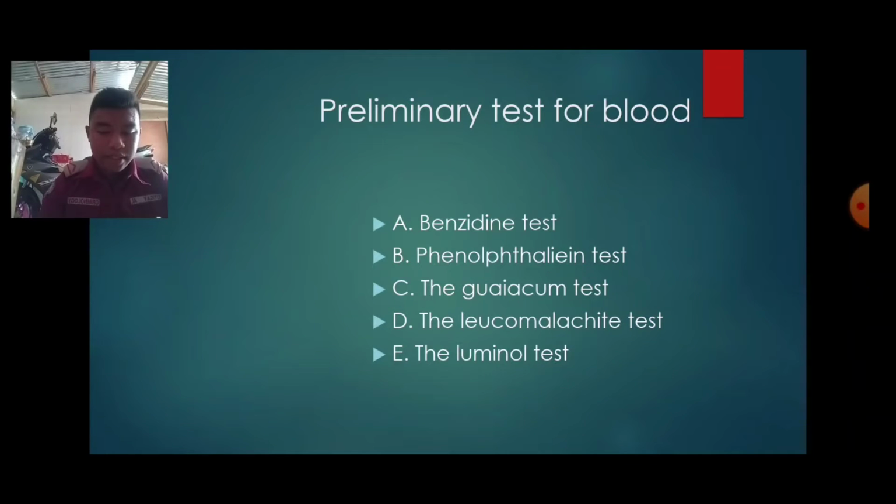The luminol test is a chemiluminescence reaction responsible for the glow of light sticks. The reaction is used by criminalists to detect traces of blood at crime scenes.